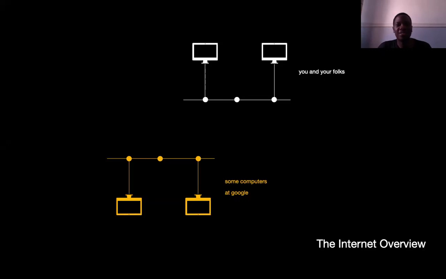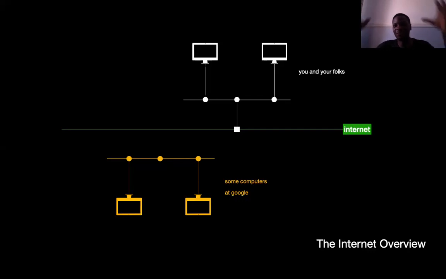To actually do that, you would have to have a physical line, a physical cable connection between you and the folks at Google. So that connection has to be made. And when that connection between different networks is made, that is what we call the internet.